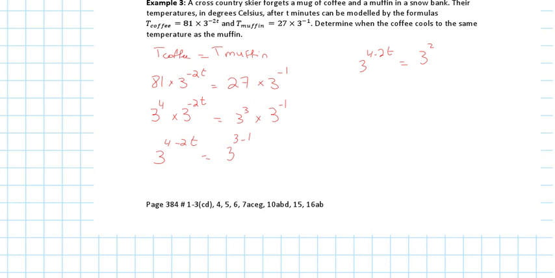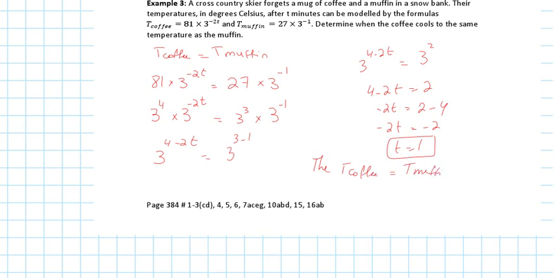So at this moment, because I only have one base for each side, I can drop the base now and make these equal to each other. Are we good with that?